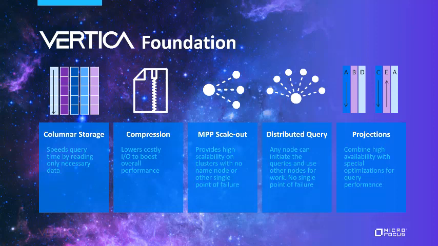operational and hardware expenditure. Its MPP scalability means clusters can be expanded and contracted without database downtime, and its distributed query capability allows any node in the cluster to be the initiator of a query and all nodes to contribute to its execution.